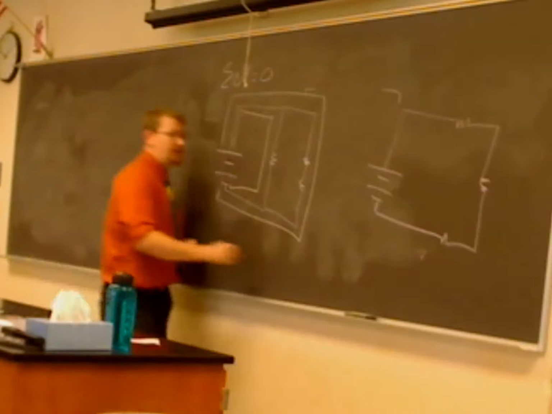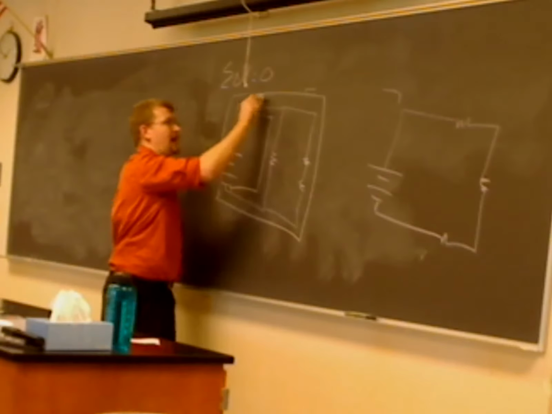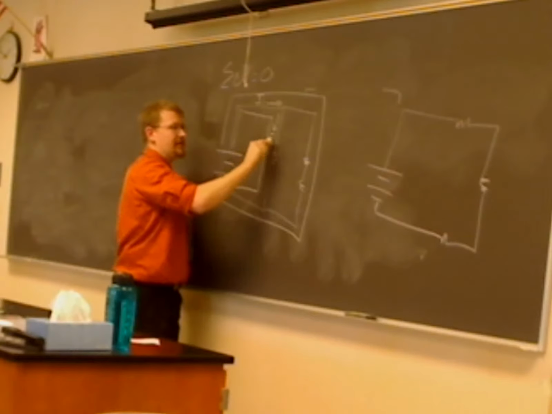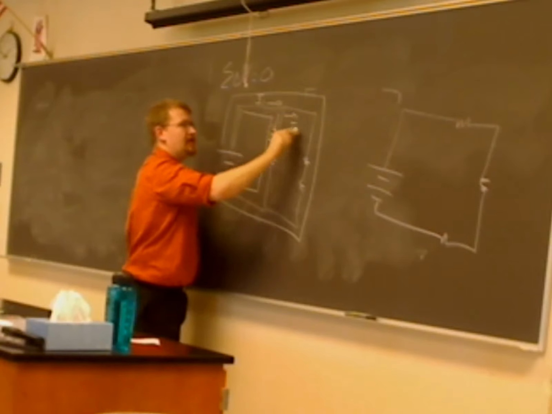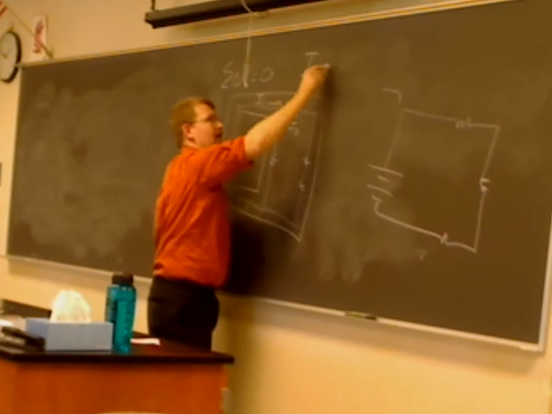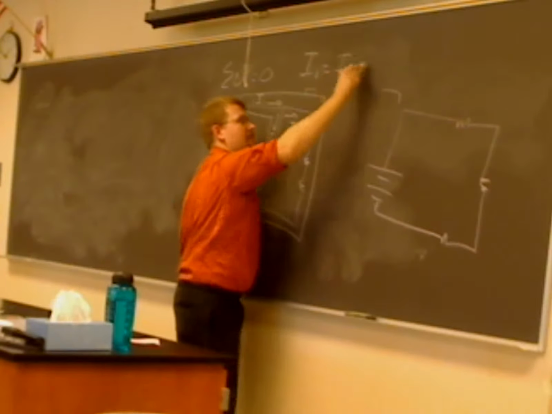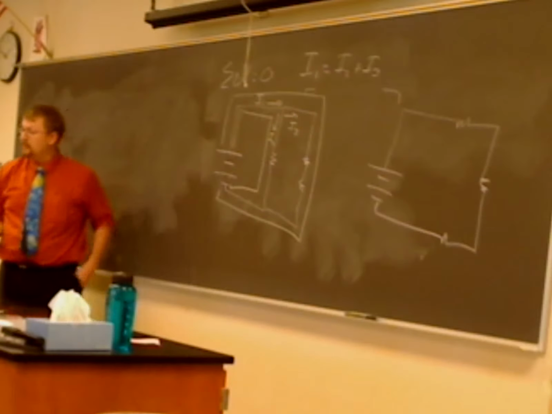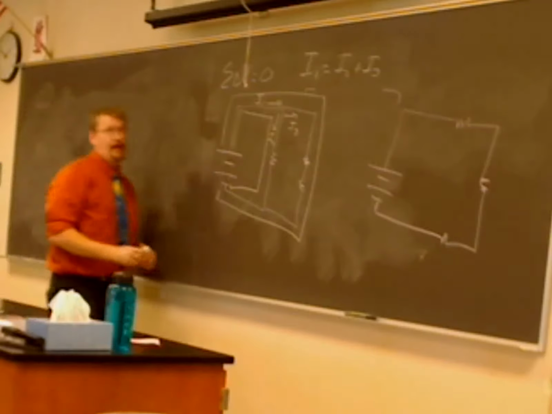So for example, if we knew whatever current I1 was coming into this junction, and we knew there was a current I2 and a current I3 leaving the junction, we should be able to say that the current going in equals the sum of the two currents going out. That should hopefully make sense, and this is why it does to me at least.